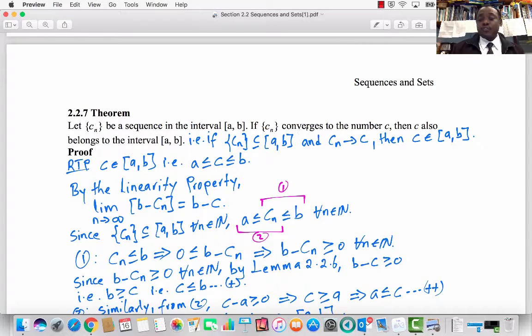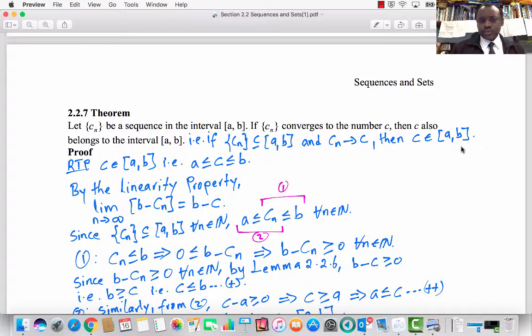If Cn converges to the real number C, then we conclude that C also belongs to the closed interval AB, i.e. if the sequence Cn is in the closed interval AB, that means closed at A and closed at B, and Cn converges to C, then C also has to be an element in this closed interval.